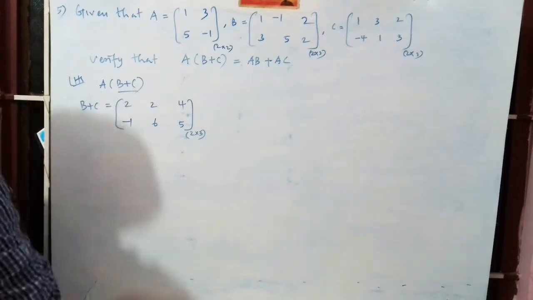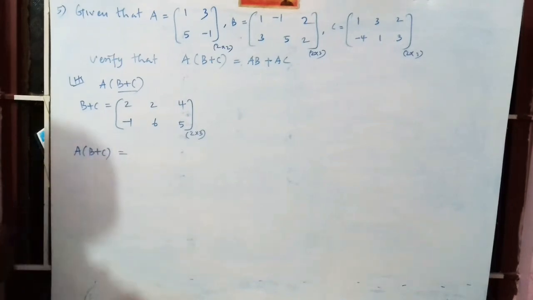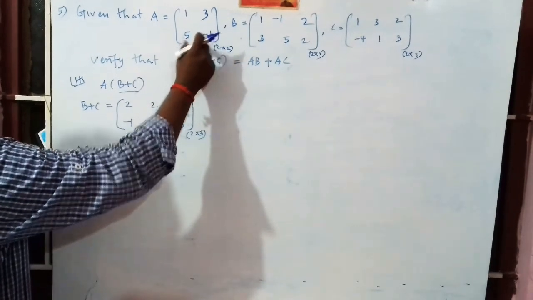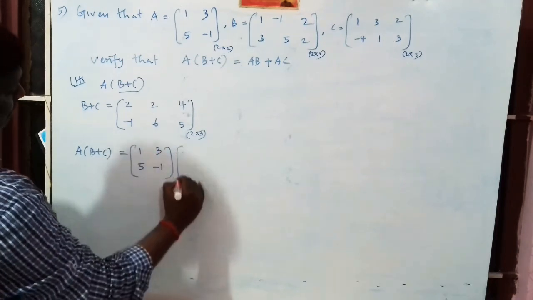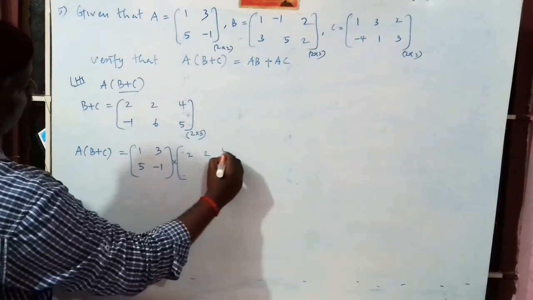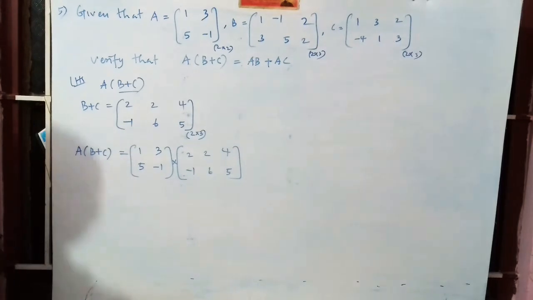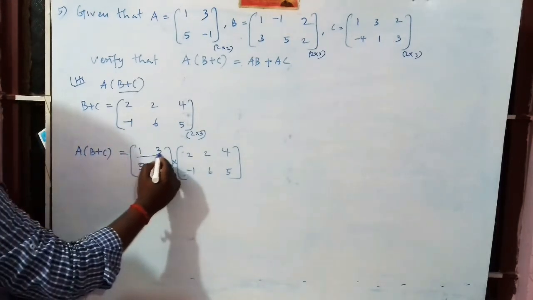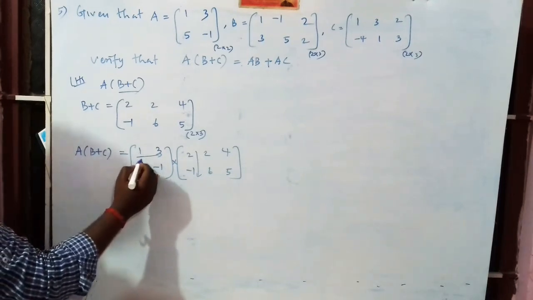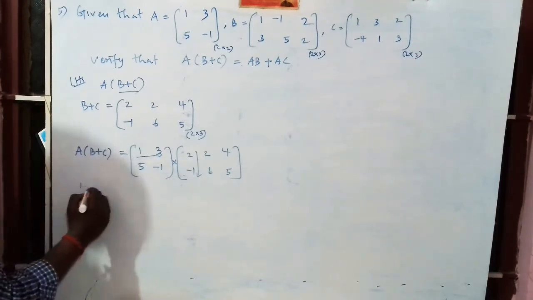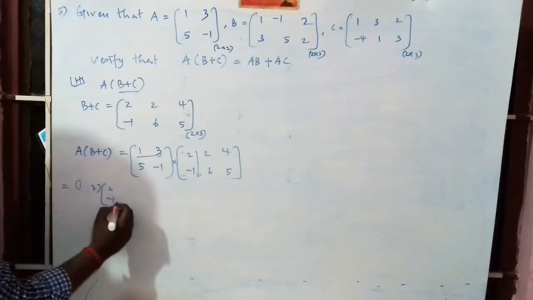Next, multiply A into B plus C. So A equal to the given matrix, A value 1, 3, 5 minus 1. And B plus C equal to 2, 2, 4, minus 1, 6, 5. How to multiply? Matrix multiplication is the row by column method. First row and first column: first row 1, 3 and first column 2, minus 1.